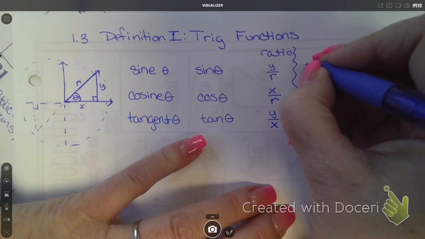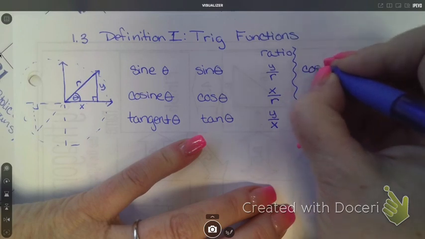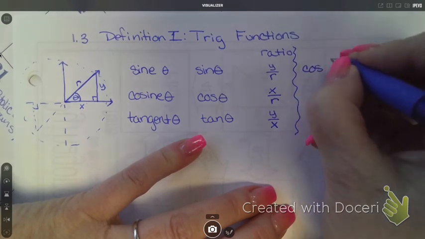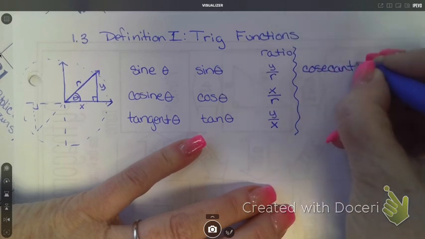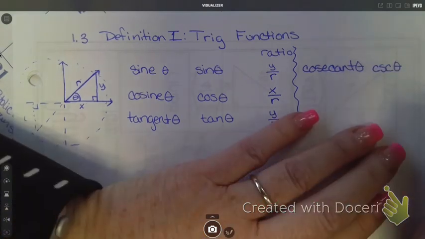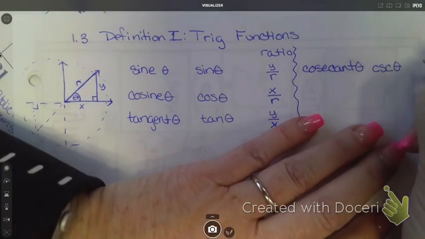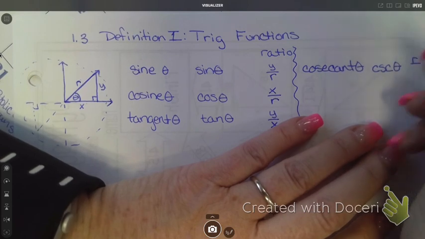So, cosecant is one you don't know. Cosecant of theta, we are going to abbreviate it CSC of theta, is r over y.